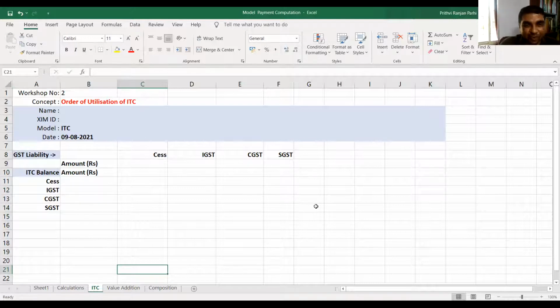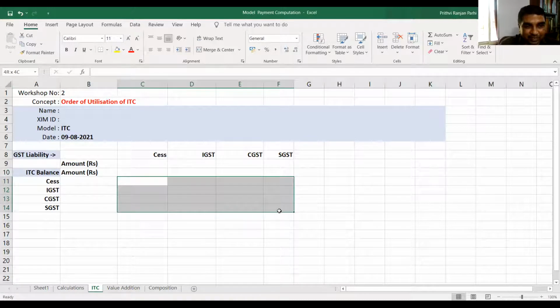Then we'll see how to allocate this. In these cells we'll be allotting them. These are the cells which will be used to explain our understanding of how the test is done.